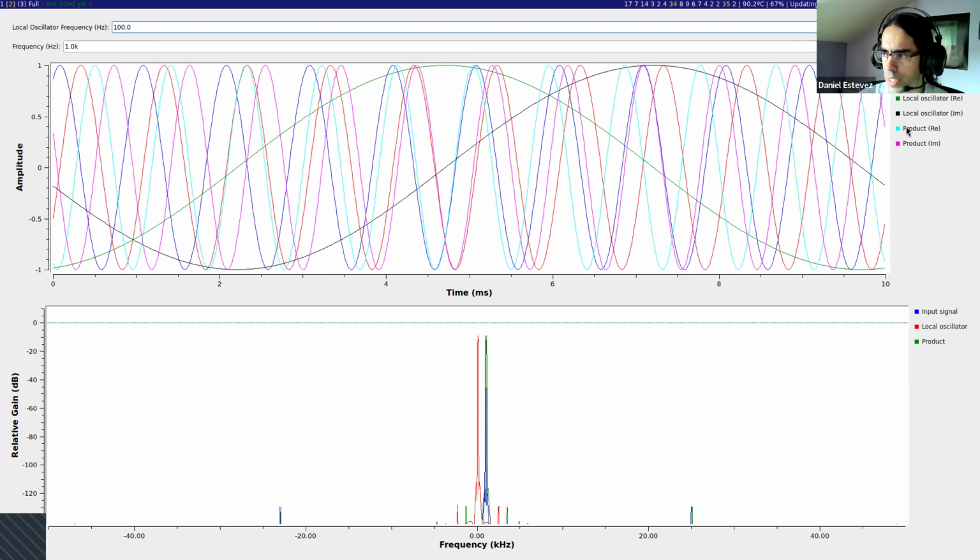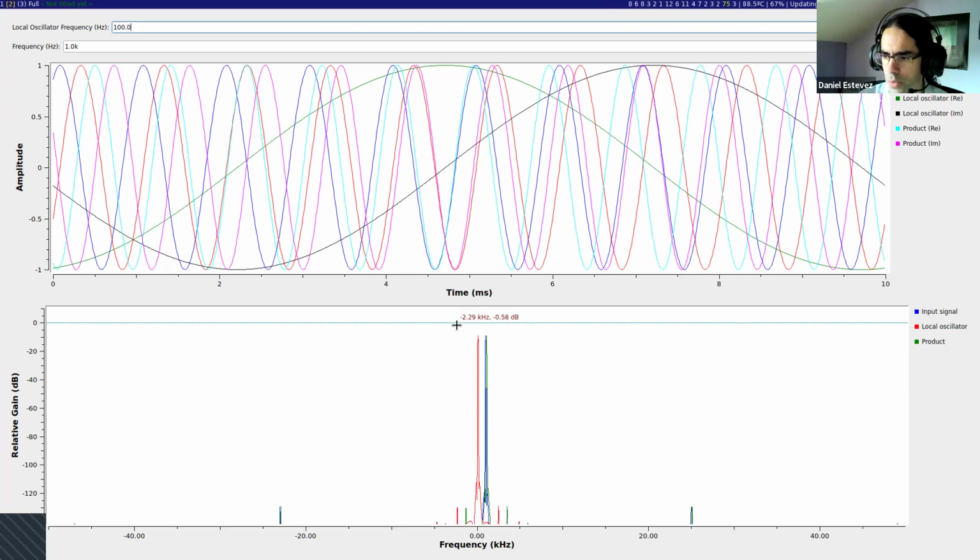On the product, which is the cyan and magenta, it's harder to see what happens with the multiplication, because now we are doing the multiplication of complex numbers, and there is a formula for that. But if you were to do it on paper, you should be able to check that we get these cyan and magenta things, which again, cyan leads magenta, as you can see here, because we get a positive frequency.